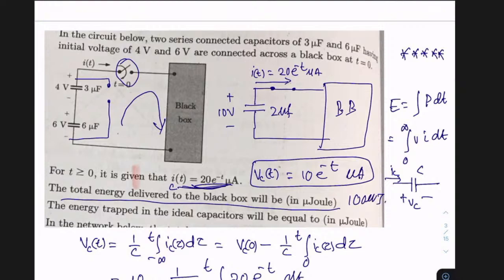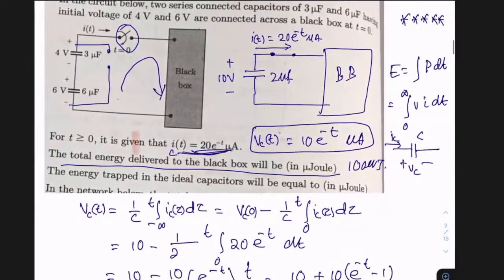Now, how do you answer the next question? The question is, what is the energy trapped in the ideal capacitor? What we understood in the first question is that 100 microjoule of energy is delivered to this black box in the range of time t equal to 0 to infinity. So out of whatever initial energy the capacitor was carrying, 100 microjoule is delivered to the black box.